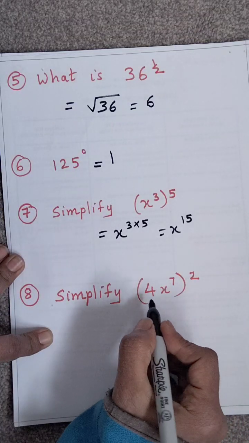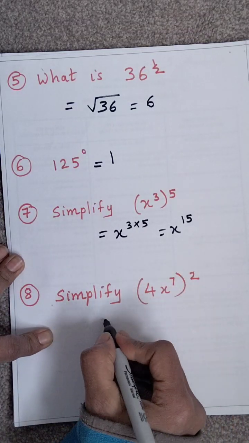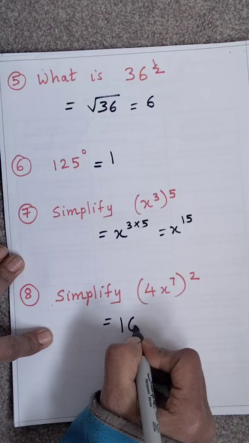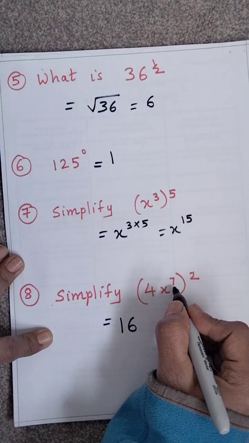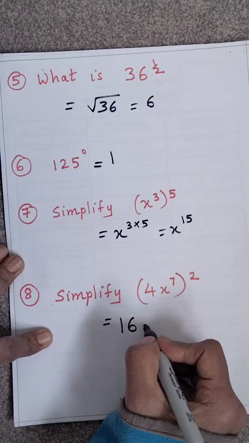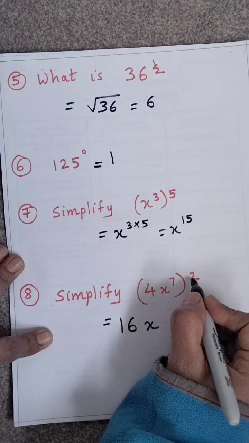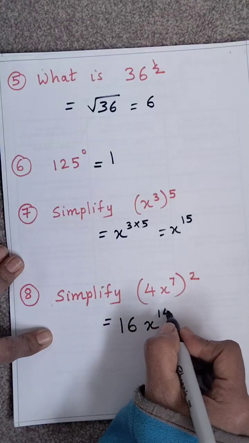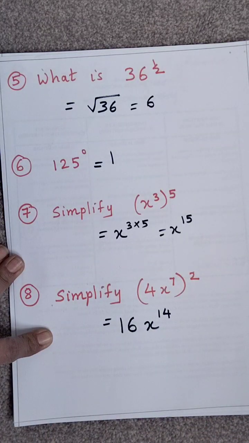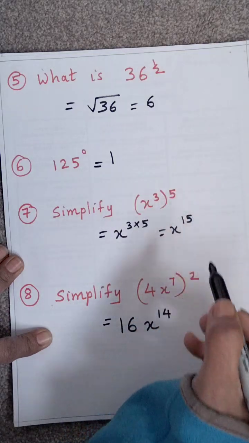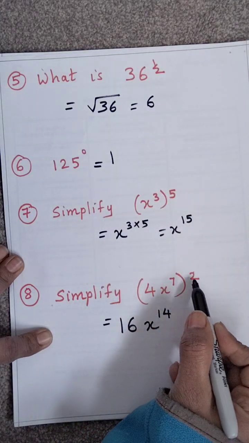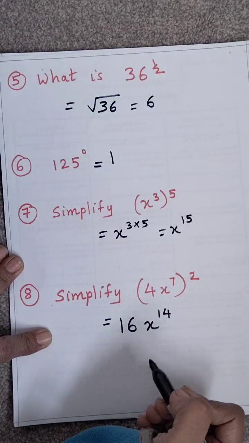So what is 4 square? 16. Now we go for the letter. x raised to 7 square is equal to x raised to 7 times 2, which is 14. Just like the previous one, x cube raised to 5 is x raised to 15. So x raised to 7 raised to square is equal to x raised to 14.